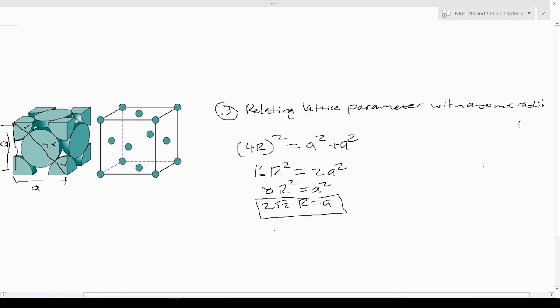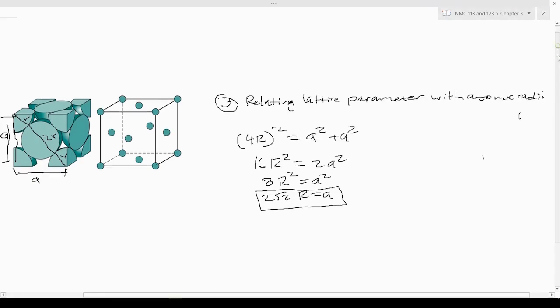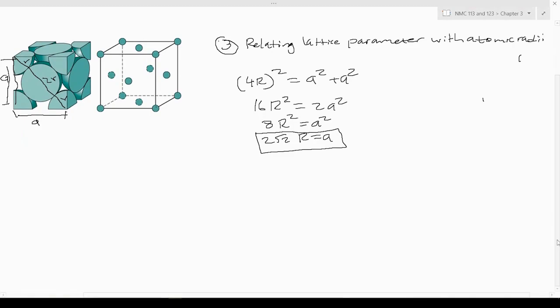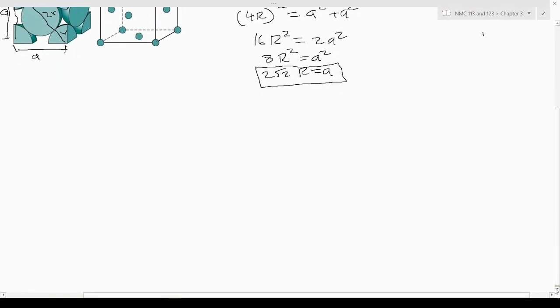You'll be able to use this relationship when you're calculating the atomic packing factor. So let's just do that. Let's get the atomic packing factor. That's the fourth thing that you need to be able to do, right?